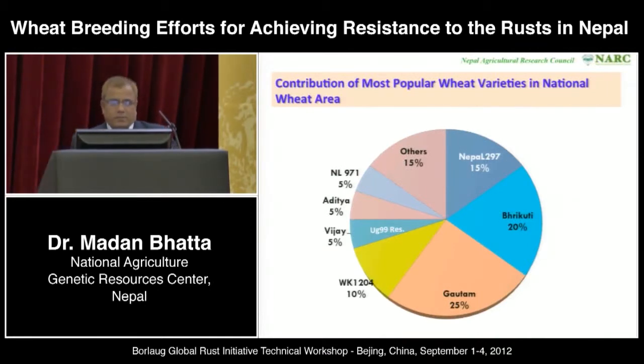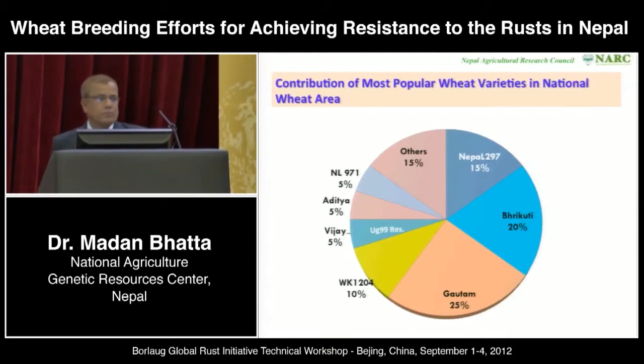We have major varieties that contribute in terms of area and production. We released recently one Ug99 resistant variety, Bhrikuti, meaning victory, in 2010, and it covers more than 5% of the wheat area right now.